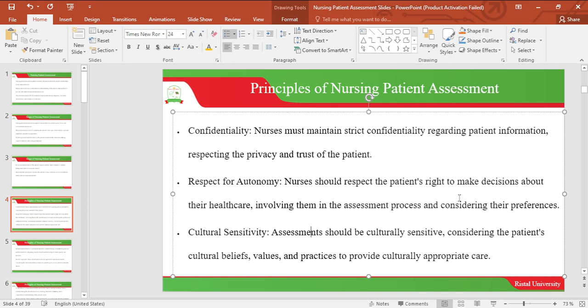It means that the nurses must be aware of the different cultures of the patients, such that they must treat the patients not forgetting their cultural background and beliefs.